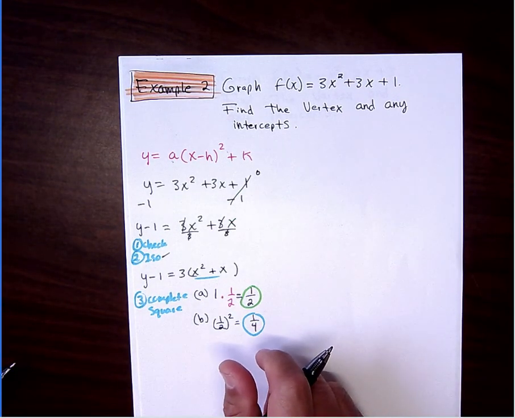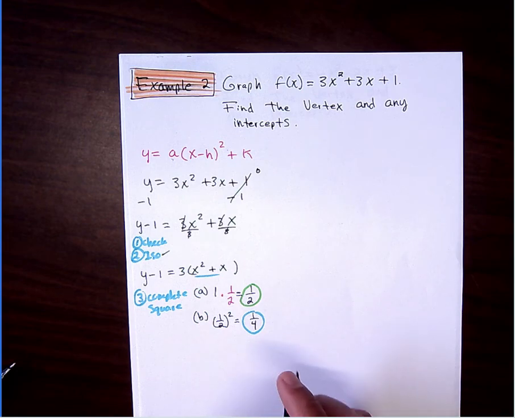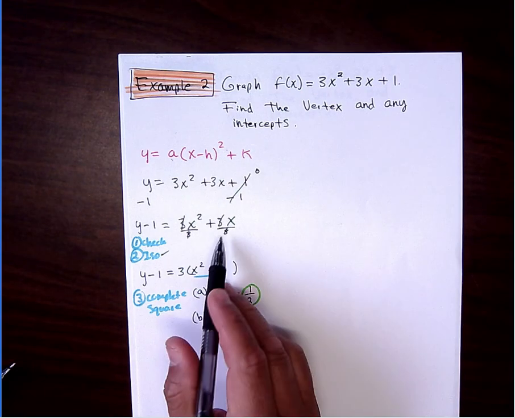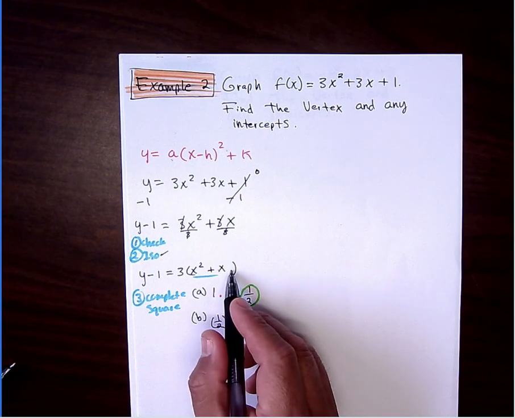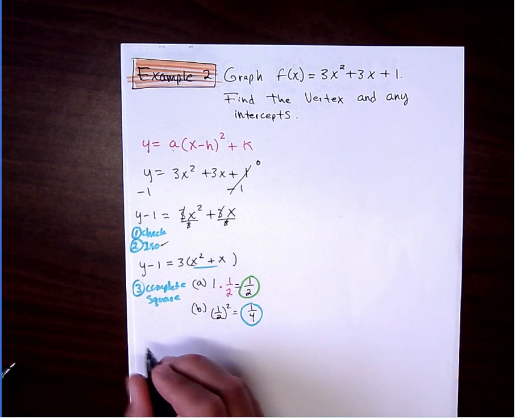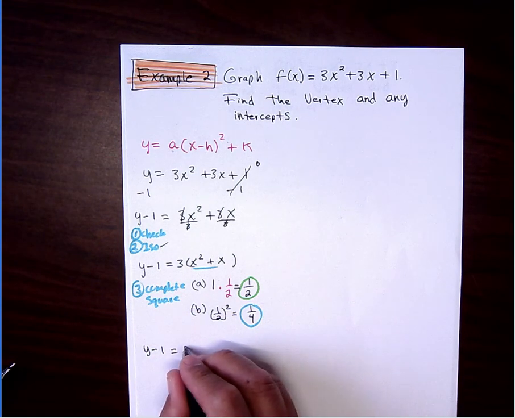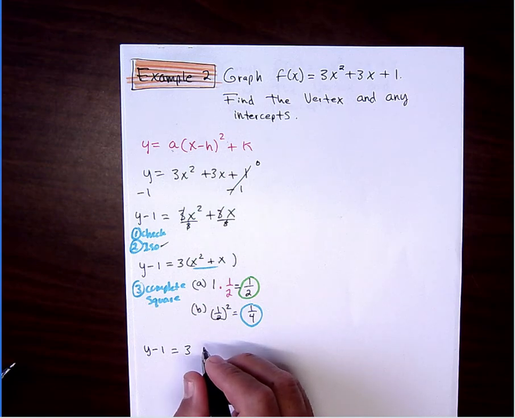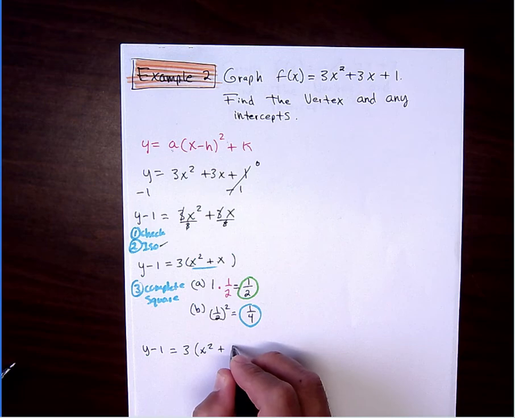So what are we supposed to do here? So we completed the square. So this 1/4 goes inside here. So there's one very important step here that might be a little bit confusing. Let me copy it again so that way you see what's going on.